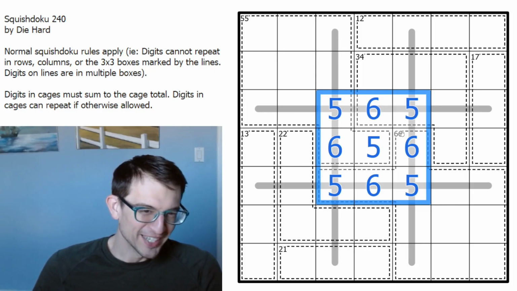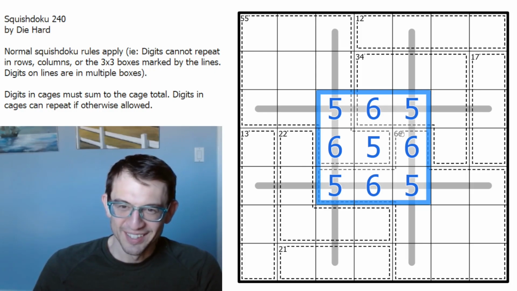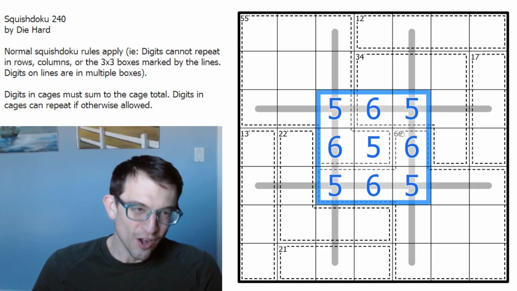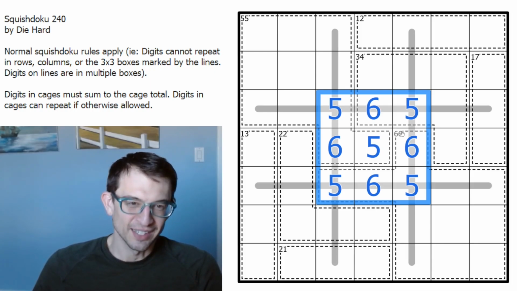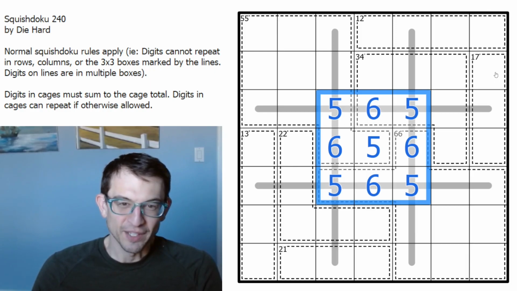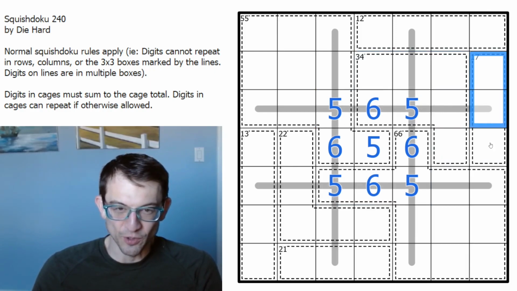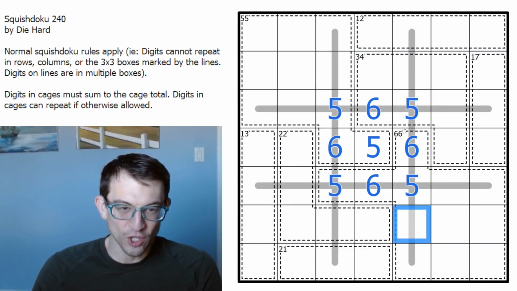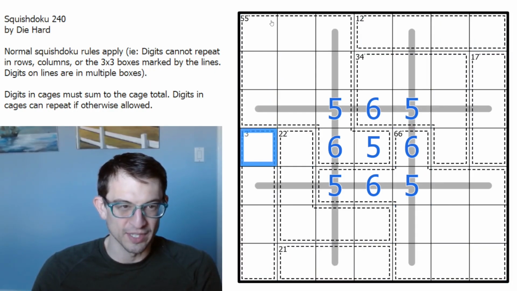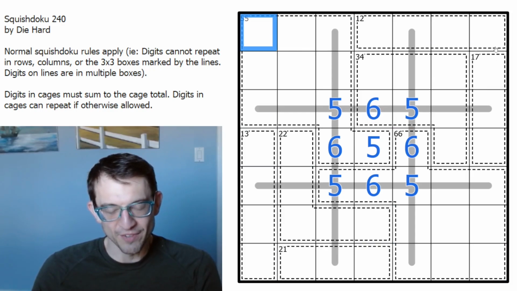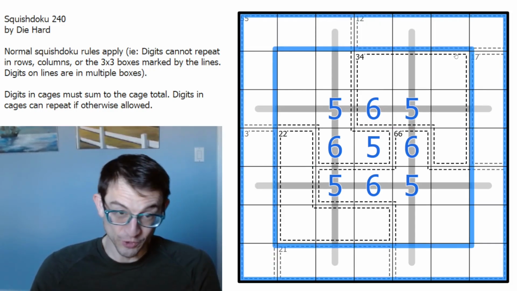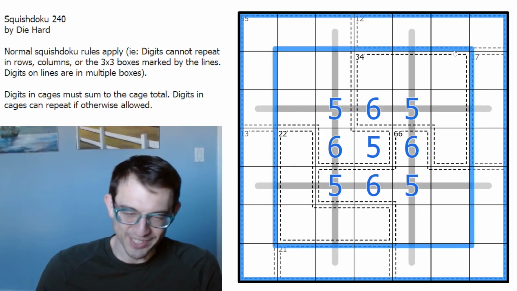Now if you're back for another hint, 240. 240 is what you end up getting if you sum all of the digits in the Sudoku by looking at the cage totals. Every single cell in this puzzle is in a cage, and all of the cages have a total in them. So I know the value of all the cells in this Sudoku, which if you're used to normal Sudoku, you might think, well, of course I do.